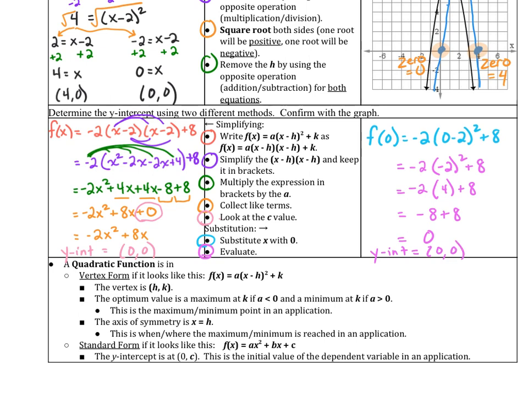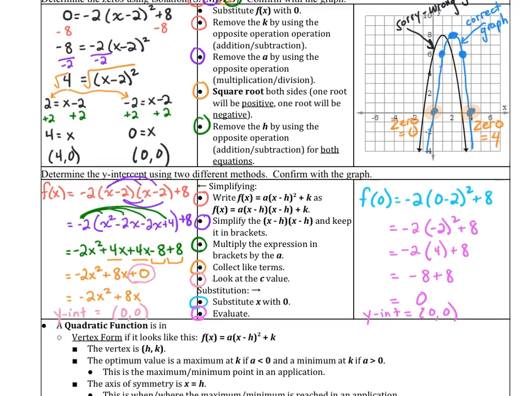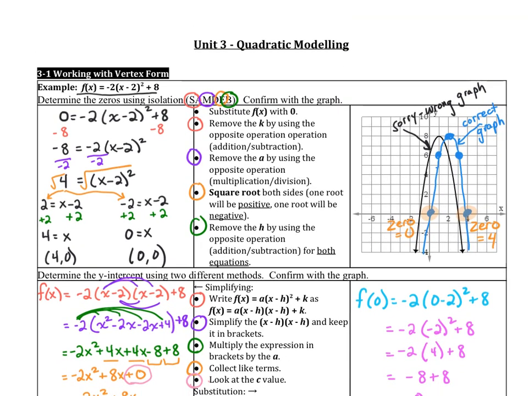So for today's work, if you are given an expression in vertex form like this one, you need to be able to determine the vertex, which you can figure out just by getting the h and k values. So the vertex would be at (2, 8).